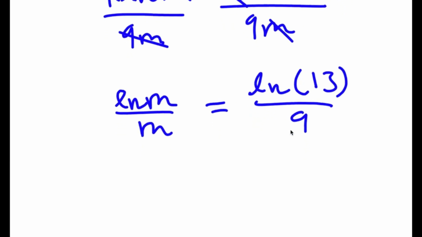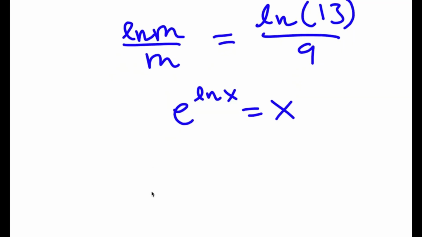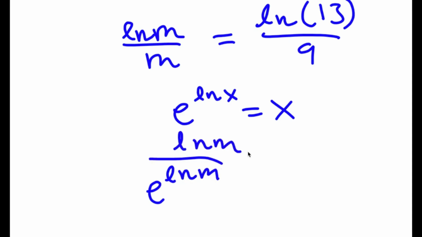Now if I have e to the power of ln of x, this is actually equal to x, because the e's and ln's cancel out. So m here, e to the power of ln m, is equal to m. So now I have ln m over e to the power of ln m is equal to ln 13 over 9.